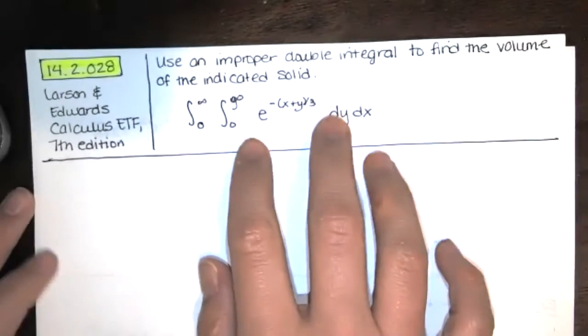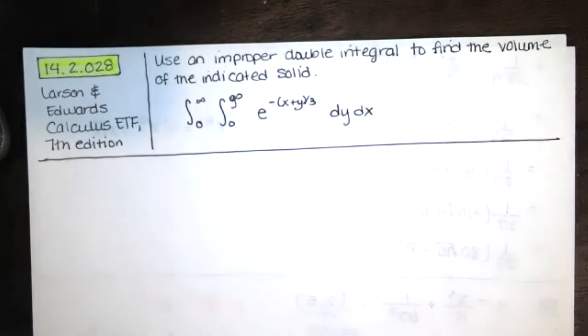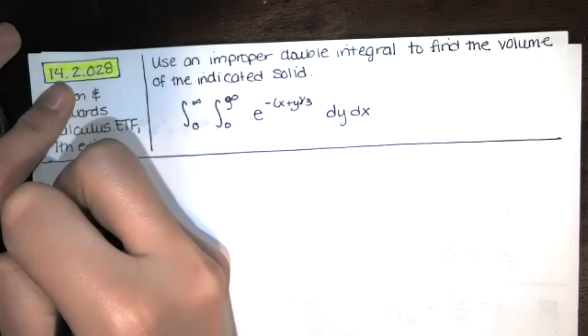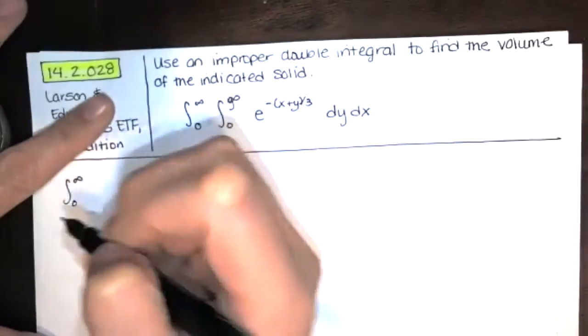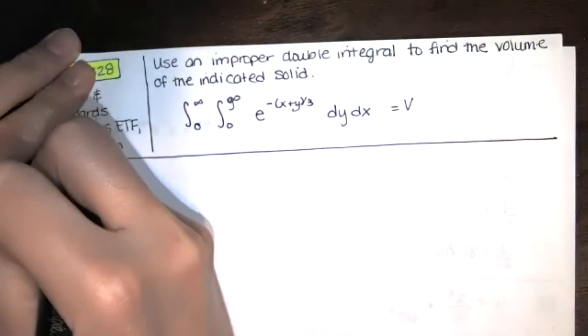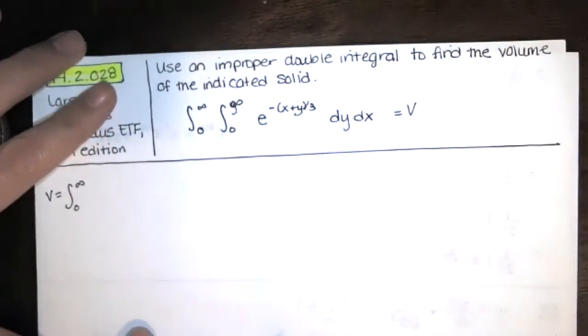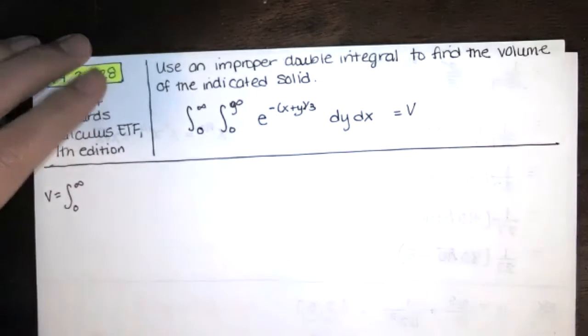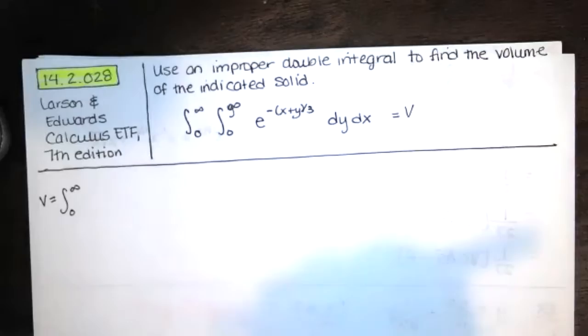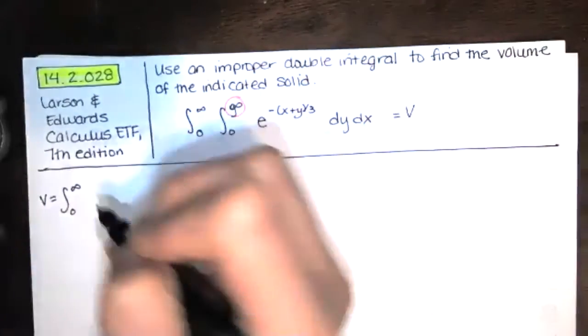So we just want to evaluate this as an improper integral inside an improper integral. That's going to represent the volume that we're looking for. I'm ignoring the outside one for a moment, and rewriting the inside one. The upper limit is what makes it improper.